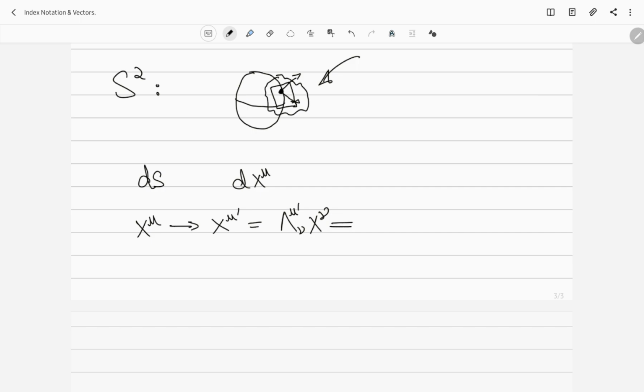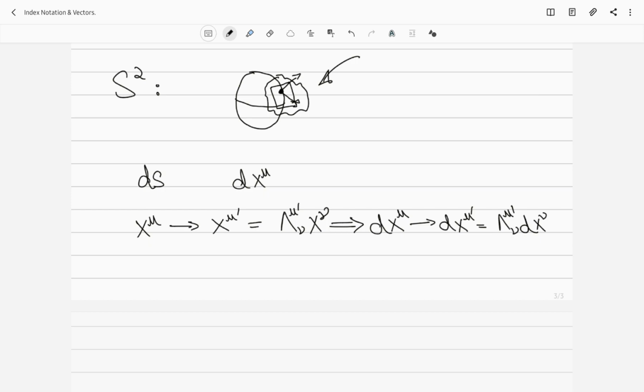And this then directly implies that the differentials would also transform, as dx^μ transforms as dx^μ' = Λ^μ'_ν dx^ν, right? Okay, so far we know how the components of one particular vector transform.